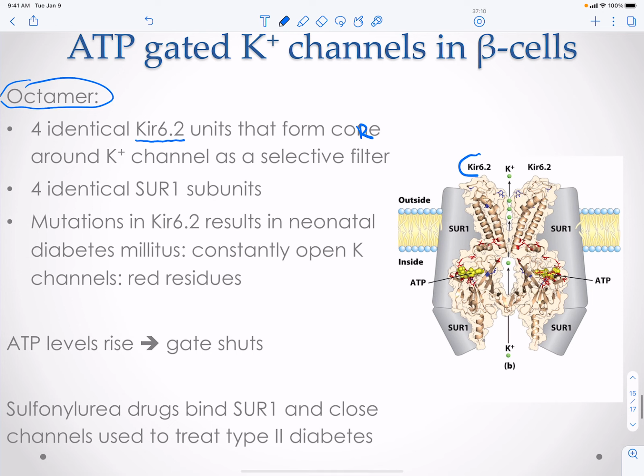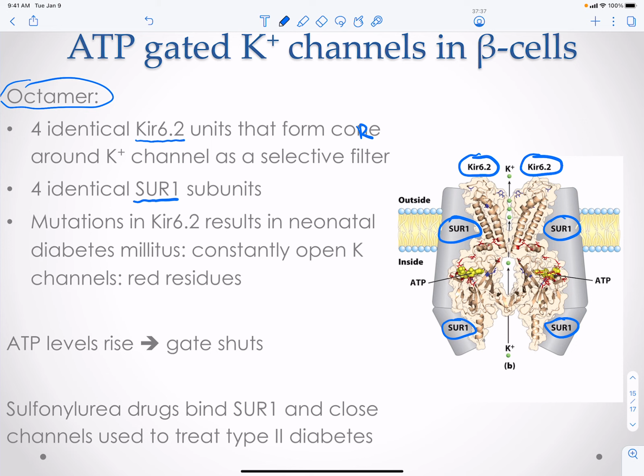So you have these Kir6.2s. And then you're going to have 4 identical SUR1 subunits. So these are the SUR1 that are sort of encasing the Kir6.2.